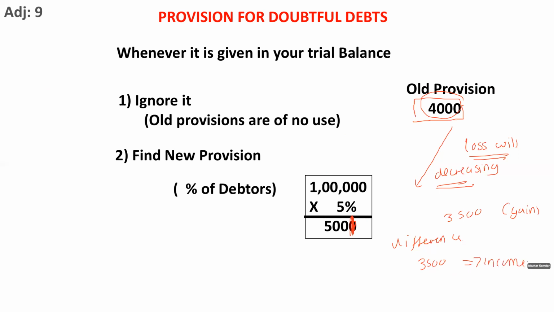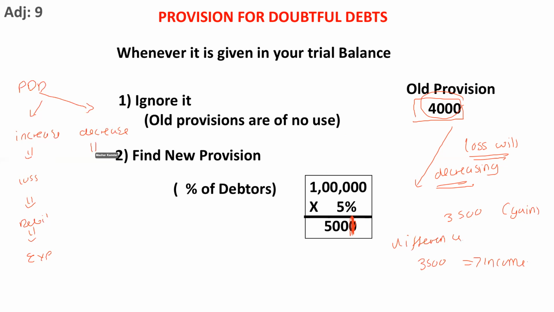So in provision for doubtful debts, if you increase the provision, it is a loss for you and it will be shown on the debit. That means it will be shown as an expense. However, if you decrease the provision, you feel that your debtors are good, they are not going to give you so much of loss.